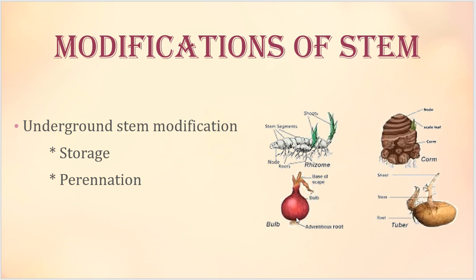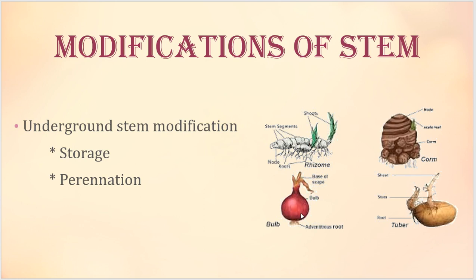And then the axillary buds are produced from the axil of the leaves. Inside this bulb, you would have noticed that fleshy leaves are there, and outside we have the scaly leaves. The food material is stored inside the fleshy leaves, not in the stem and not in the scaly leaves.